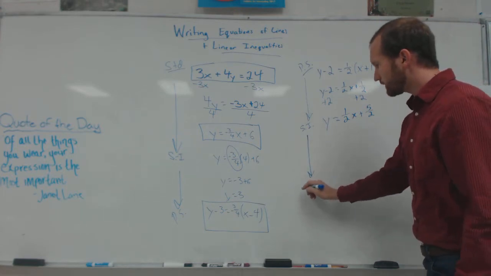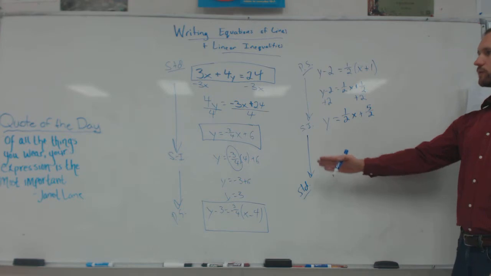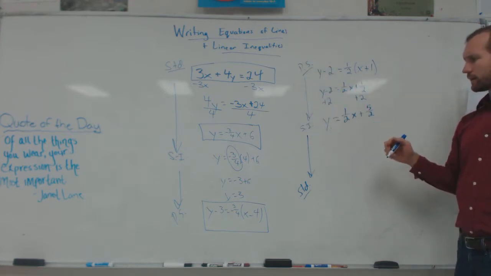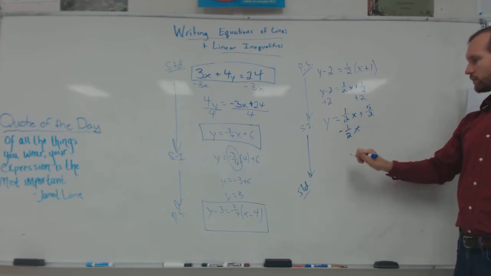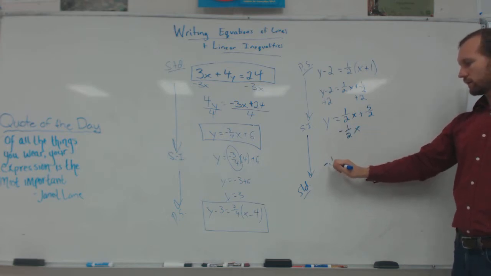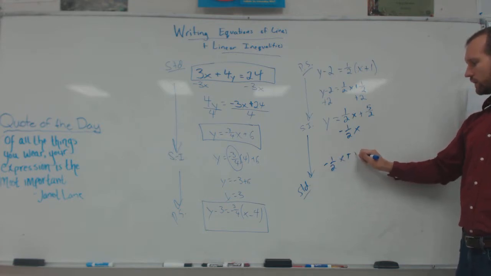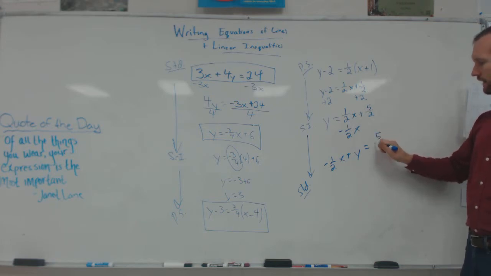How do we convert that into standard? Well, we're going to reverse the process again. So we want to get the x over with the y. So subtract 1/2 x from both sides. Write it in alphabetical order. So negative 1/2 x plus y equals, and all that's left over here is 5/2.